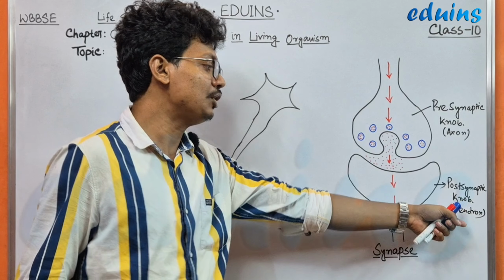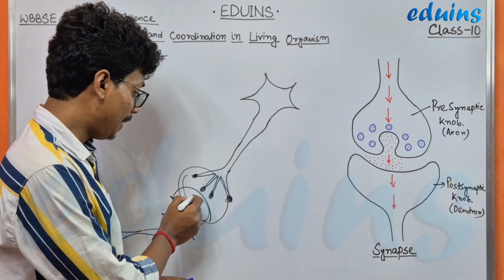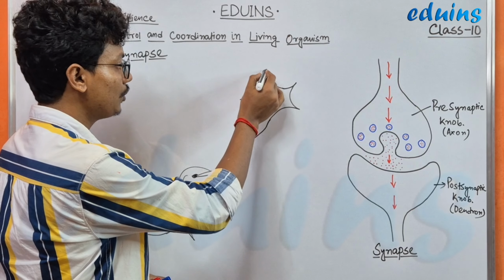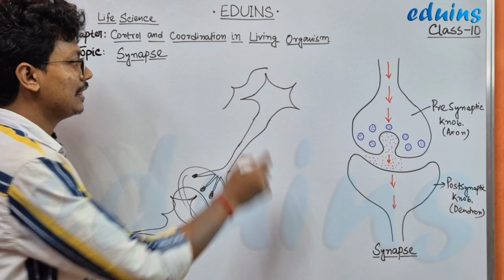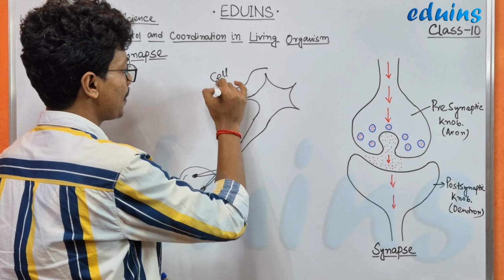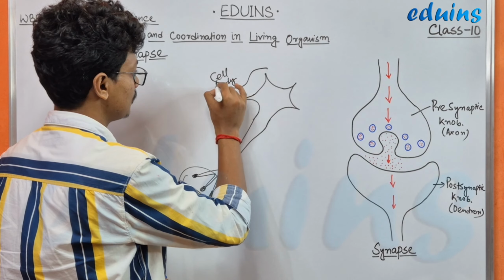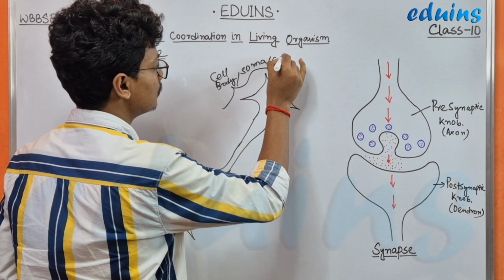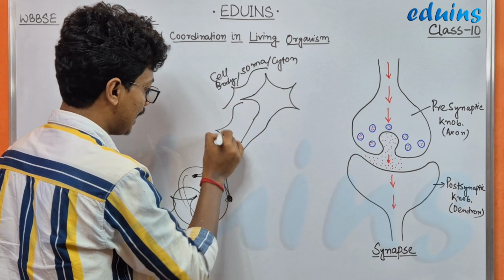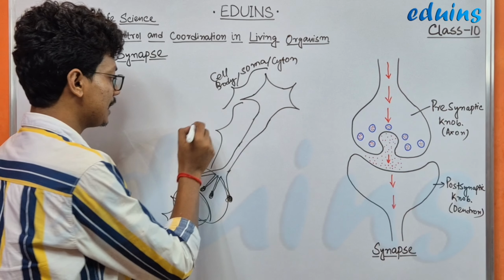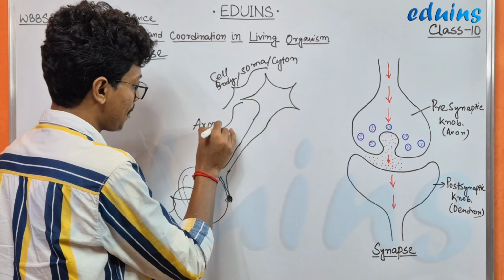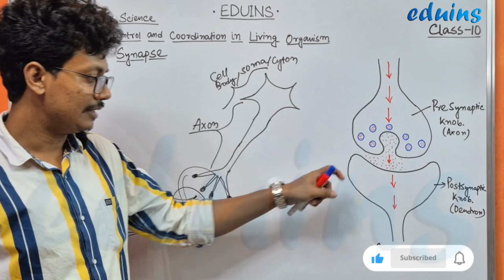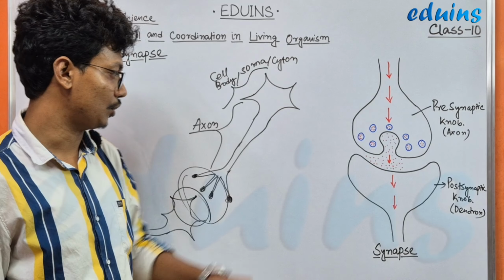We know that the dendron is the part or extension of the cell body. A neuron is divided into two parts, the cell body or soma or cyton, and the elongated part, which is known as the axon. So this is the part of the axon and this is the part of a dendron.